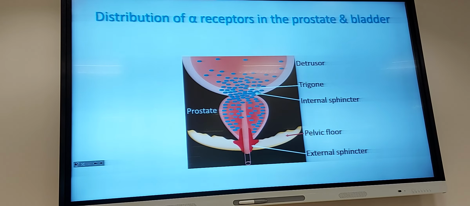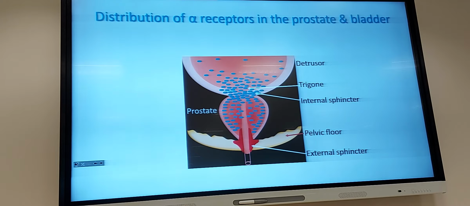What will happen in vasculature if you are using an alpha 1 blocker which also acts on vasculature? Drop in blood pressure, hypotension. They are used in hypertension too; one of the drugs used in hypertension are those alpha 1 blockers which act on vasculature.